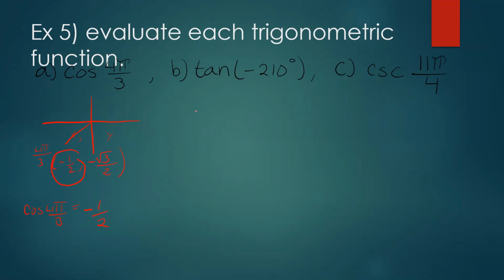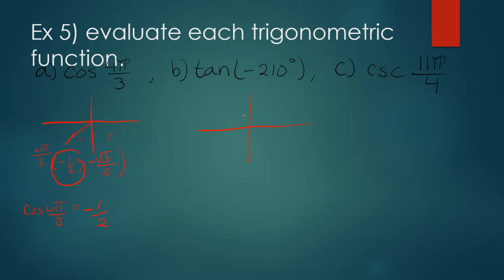Okay. Now let's find b, tan of negative 210. First off, I always draw it, or you could just whip out your unit circle. Negative 210, we're going the other way. From here to here is negative 180, so 210 would be right about here.